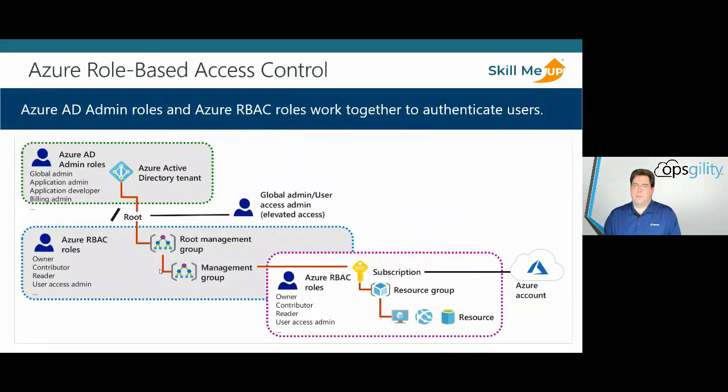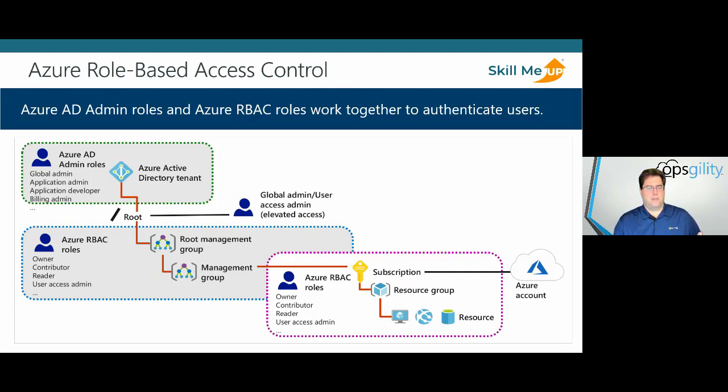Role-based access control is a little bit of a step further than Azure AD roles. They're a little bit different, where Azure AD roles are at the tenant level, and Azure role-based access control roles are more at the group and resource level. So once you get more into the subscription level, you're going to set up those identity and access management roles, or role-based access control roles, for your resource groups, your subscription, your resources, and all of that.